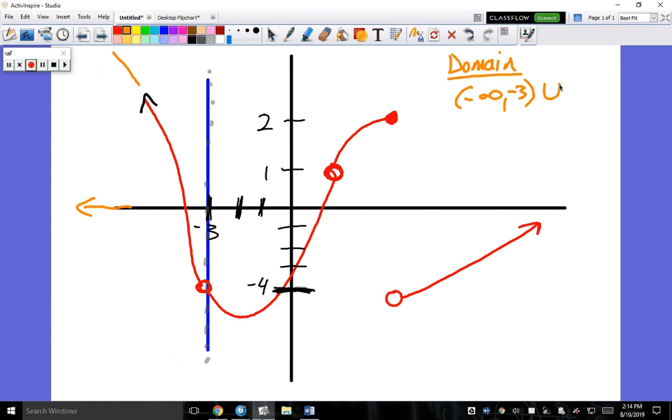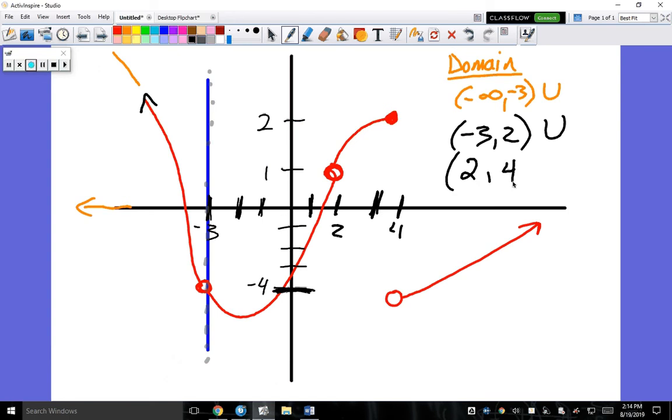So then, let's put a union. And the next thing it's going to do is what? From negative 3 all the way to what? Oh, I probably didn't write this down. Let's say this is 4 and this is 2. So from negative 3 all the way to what? 2. Open, open. You with me? And then from 2 all the way to what? 4.